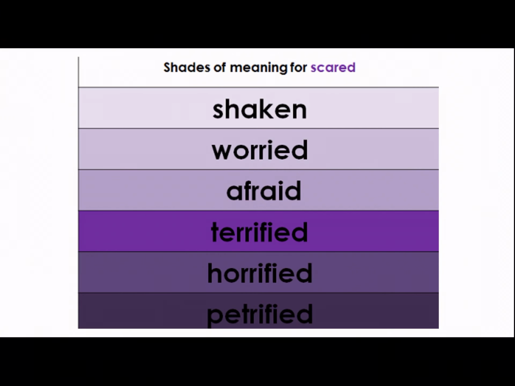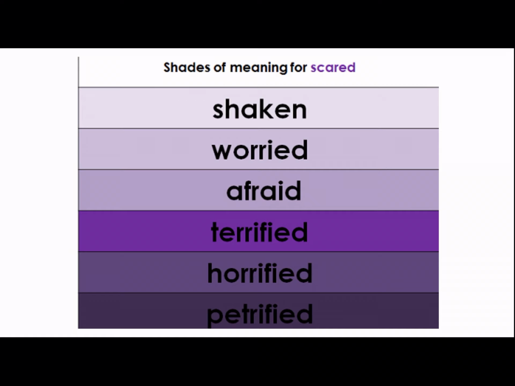Take a look at the different colors that you can see on this slide. At the top, you can see the word shaken in the lightest shade of purple. But as you work down the color scale, you can see different shades and different words. If somebody jumps out from behind a door, they may have shaken you.